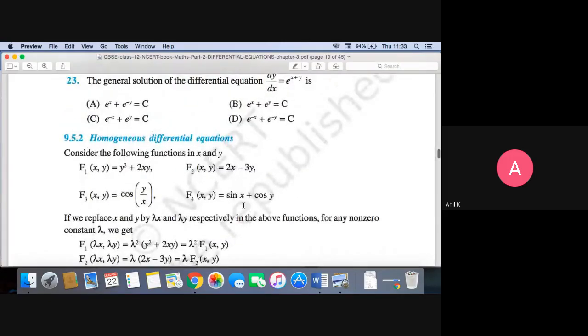Now here they have given sin x plus cos y. If I put lambda x in place of x, I'll get sin lambda x plus cos lambda y. You cannot take lambda common because it is sin of lambda x and cos of lambda y. So lambda cannot be taken common. So that's the fourth function. F4 is a non-homogeneous function. It cannot be homogeneous.